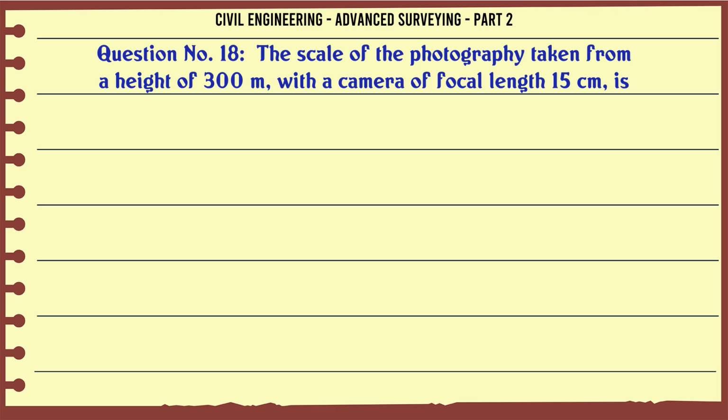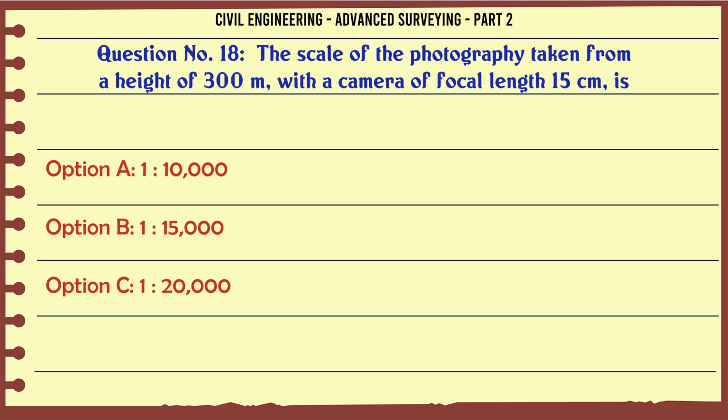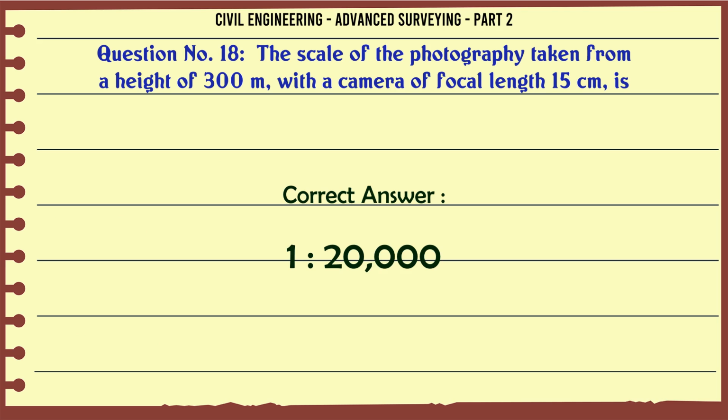The scale of the photography taken from a height of 300 m with a camera of focal length 15 cm is: A. 1:10,000, B. 1:15,000, C. 1:20,000, D. 1:30,000. The correct answer is 1:20,000.